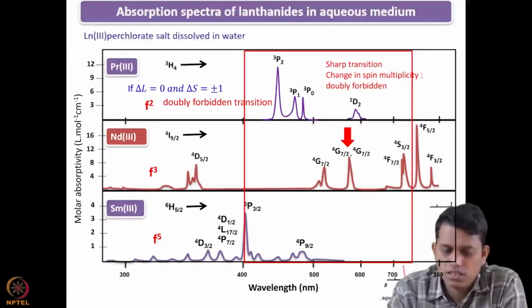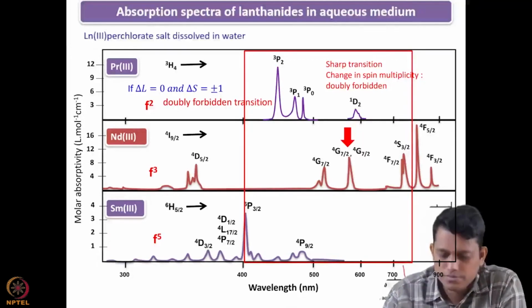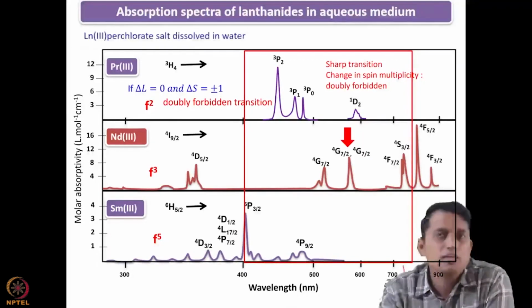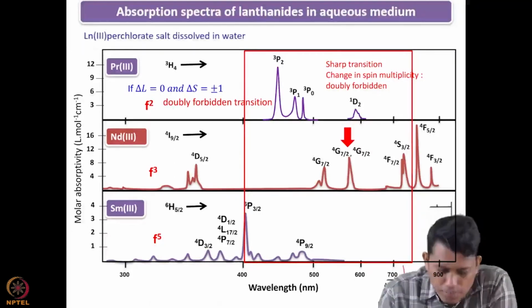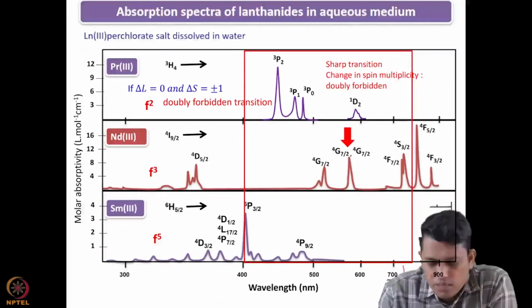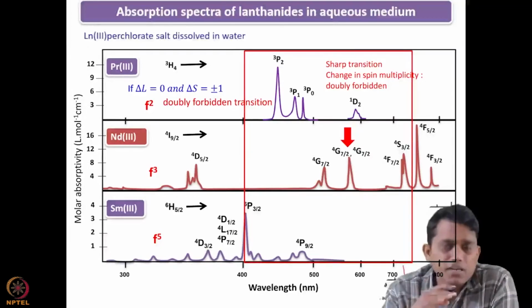You can see there are certain peaks. Always in this region there are some peaks, and as I told you in the previous slides, when you have some band, it will give you something called spectral color, and when you have some spectral color, the complementary color is visible to you.